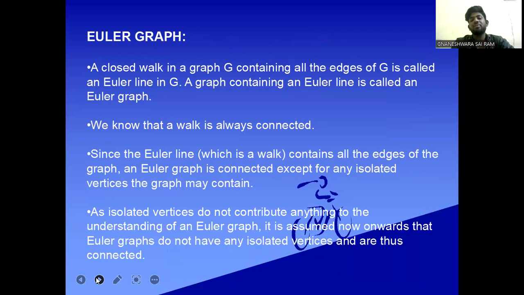Since the Euler line, which is a walk, contains all the edges of the graph, an Euler graph is connected except for any isolated vertices the graph may contain. As isolated vertices do not contribute anything to the understanding of Euler graphs, it is assumed from now onwards that Euler graphs do not have any isolated vertices and are thus connected.